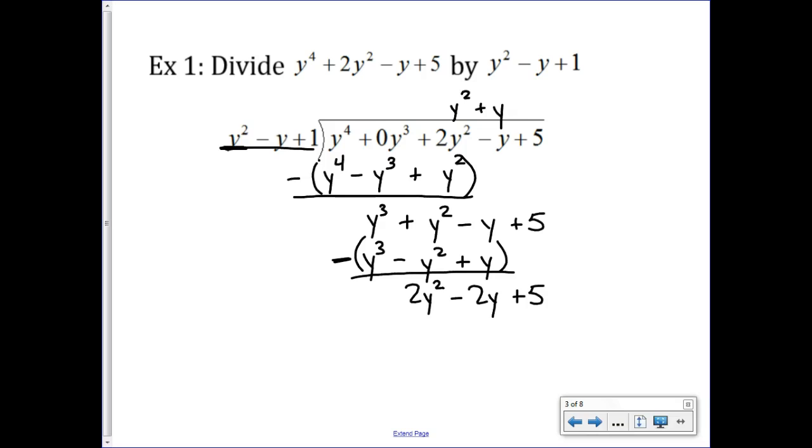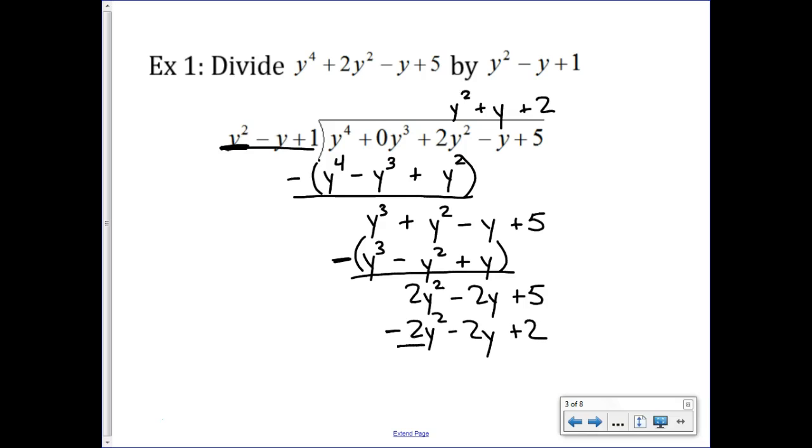Okay, so now I need to look, how do I get from y squared to 2y squared? And I would multiply by a positive 2. So 2 times y squared is 2y squared. 2 times the minus y is minus 2y. 2 times 1 is 2.